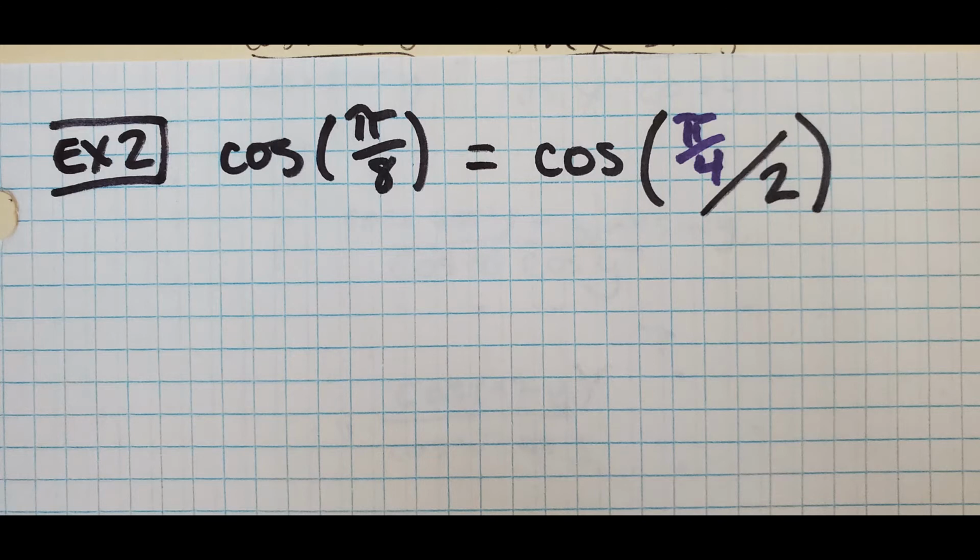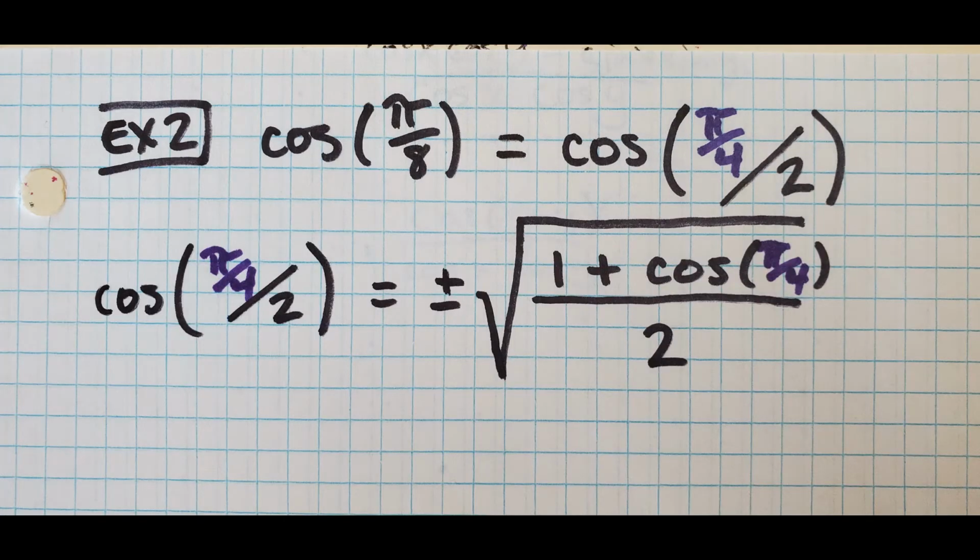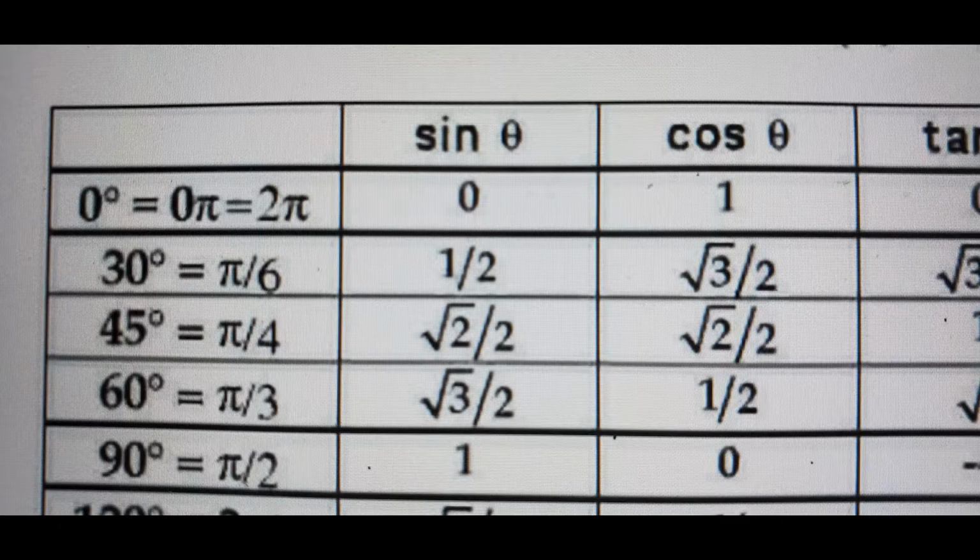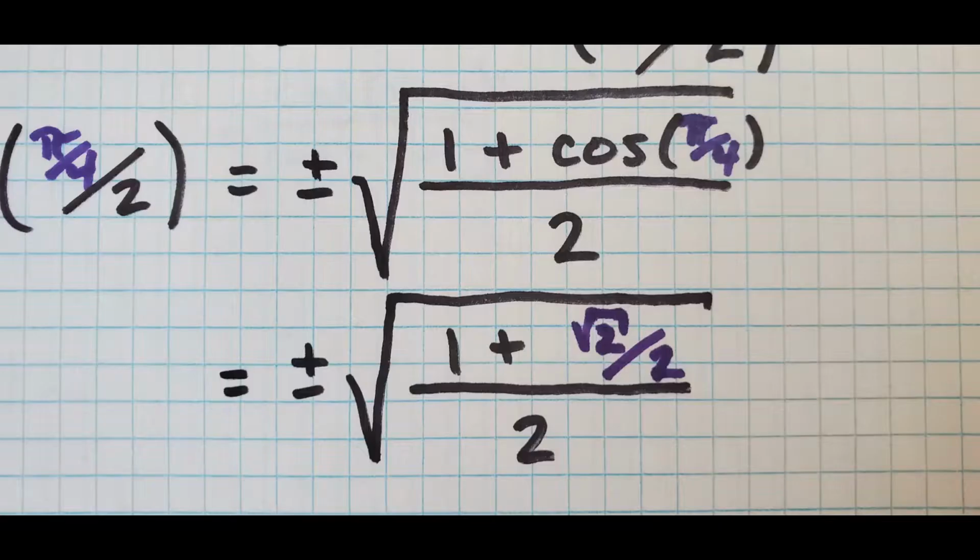Well, for cosine, we only had one choice, so this is what it looks like when you plug it in. Cosine of pi over 4 is just something we can look up. So we go on our chart. Cosine of pi over 4 is going to be square root of 2 over 2, and it's positive, so that's nice. So this is what you end up getting when you do that. So from here, it's just reducing algebraically.